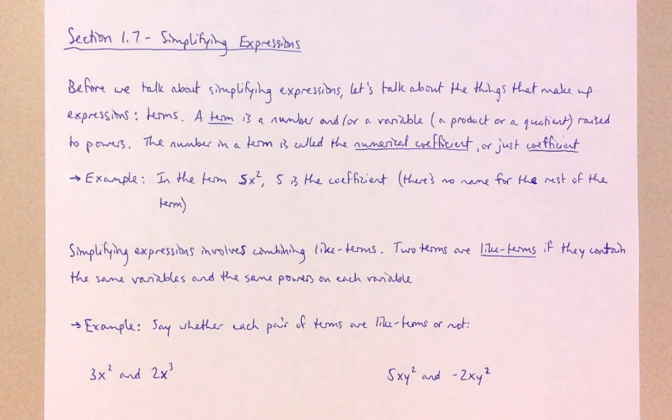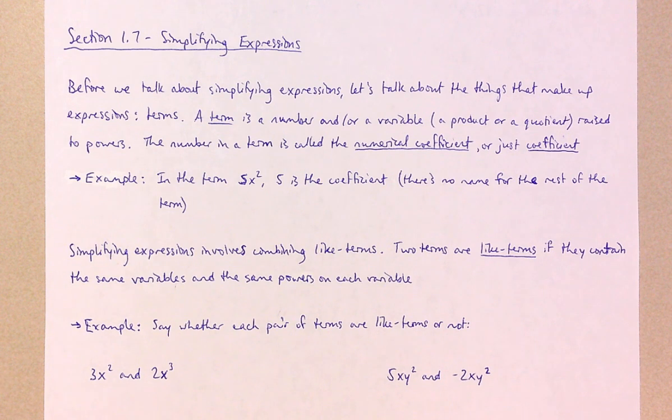We don't really have any other name for the rest of the term. We don't really have a name for the x raised to the second power piece of it. We really just say that it's x squared, or x raised to the second power.